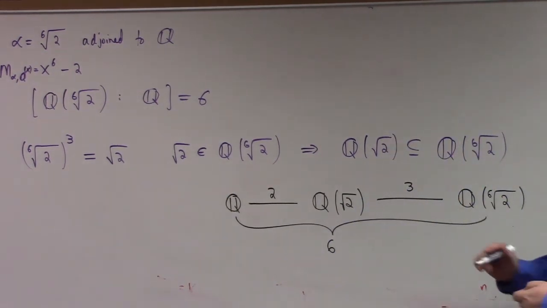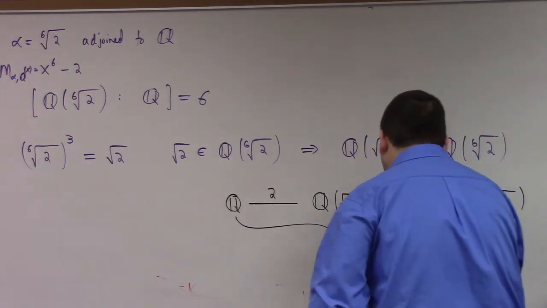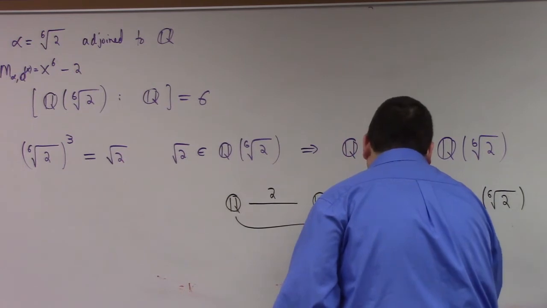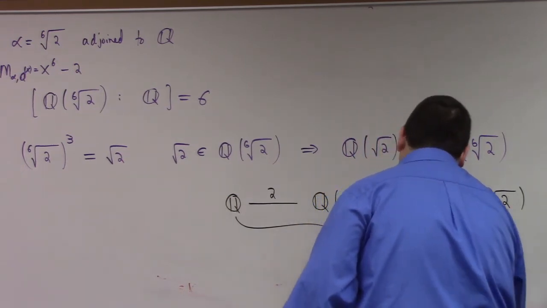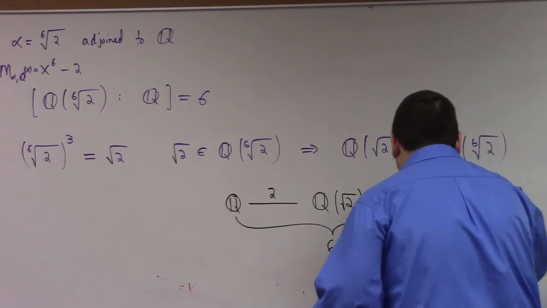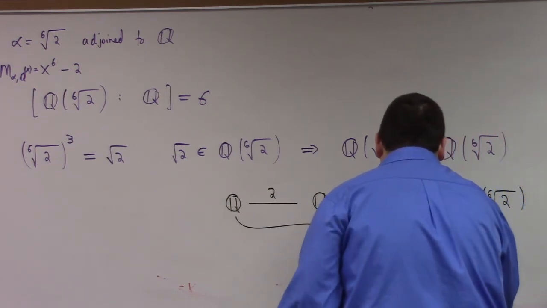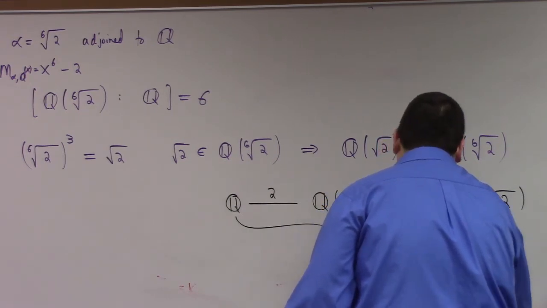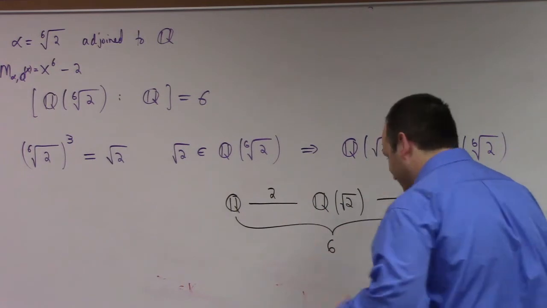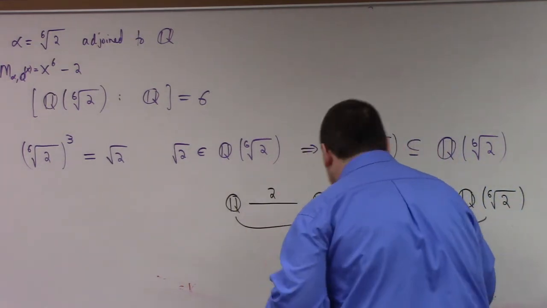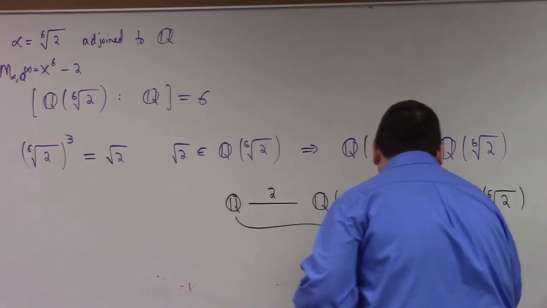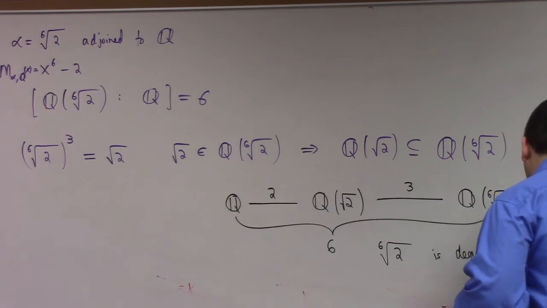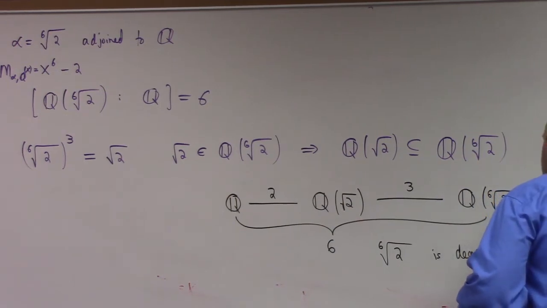Which incidentally tells you, what does this tell you? What I'm trying to say is the 6th root of 2 is degree what over Q adjoin square root of 2?